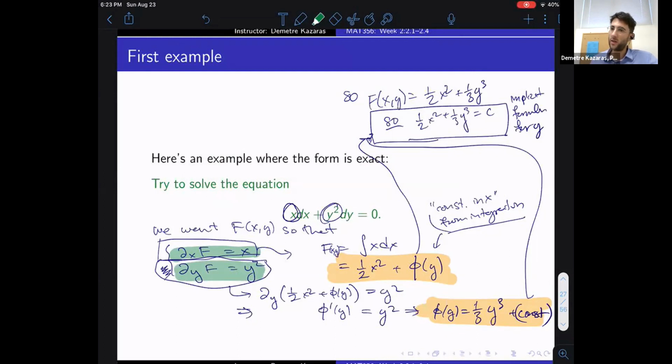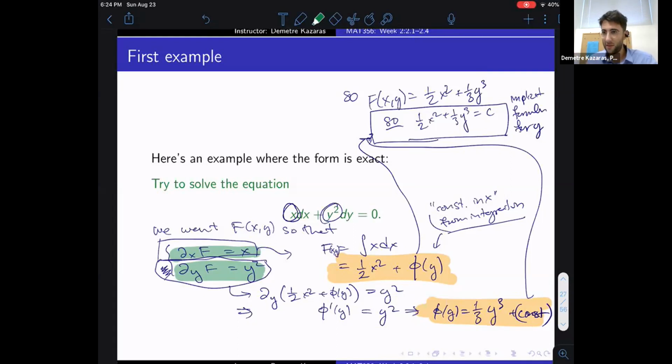We tried to integrate one of the equations that left us with this unknown function of the other variable. And then to figure out that unknown function, we took the derivative of that expression, and then we used the other equation that we hadn't used yet to figure out what that should be equal to, and solved for the unknown constant of integration, in this case phi of y.